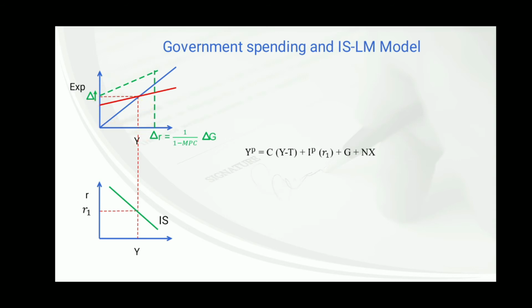Now we think about planned expenditure. We have done this multiple times. It is equal to aggregate consumer spending, which is a function of income minus tax, Y minus T. This is one way of talking about the consumption function.